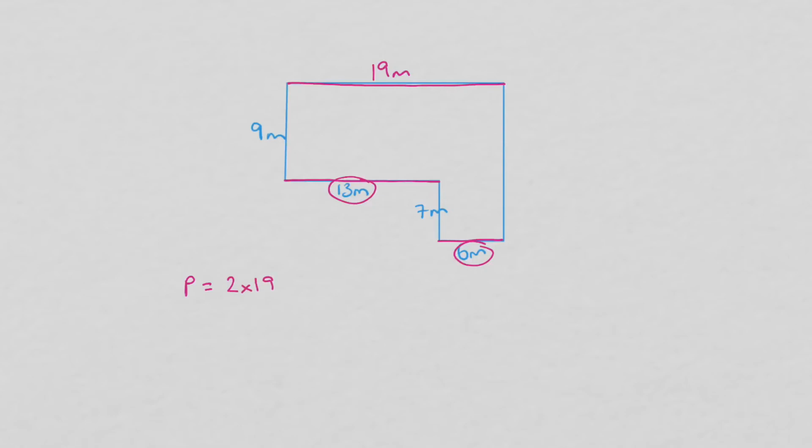Then we can see that this line and this line add up together to make this line. This one here. So what we've also got is, I think there's 9 and 7 there, so that makes 16. So we've got 2 16s. Okay, so 2 19s are 38, 2 16s are 32, and when you add them both together, you get 70. So that would give us a perimeter of 70 metres.